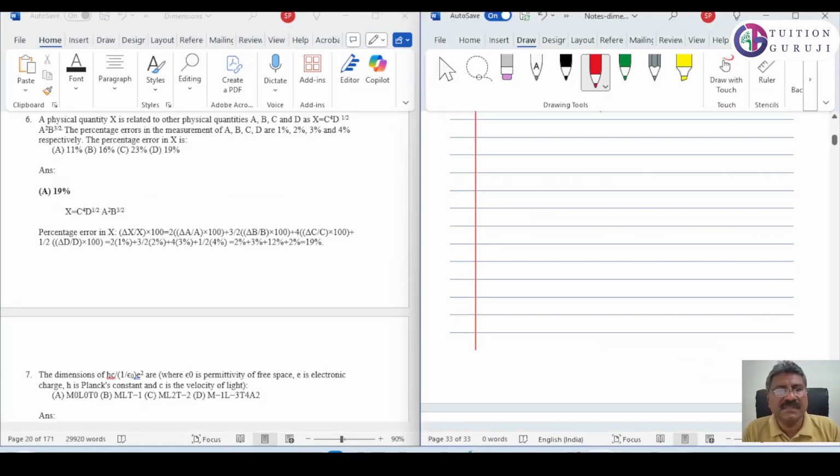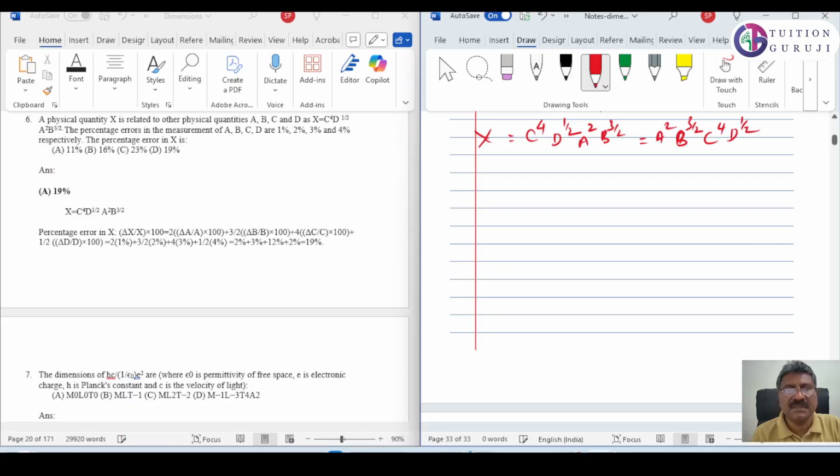A physical quantity X is related to other physical quantities A, B, C and D as X is equal to C raised to 4 D raised to half, same as A square B raised to 3 by 2, C raised to 4 D raised to half.